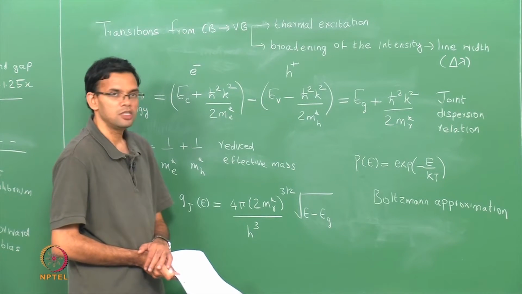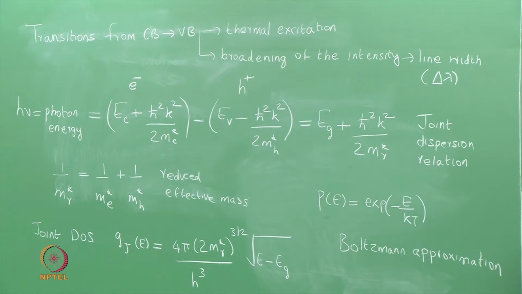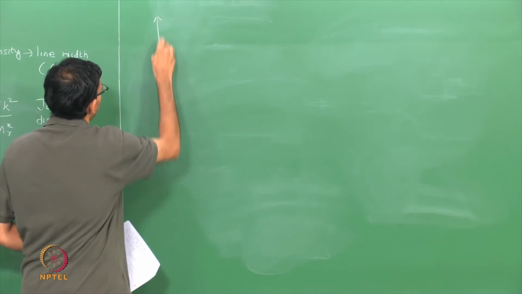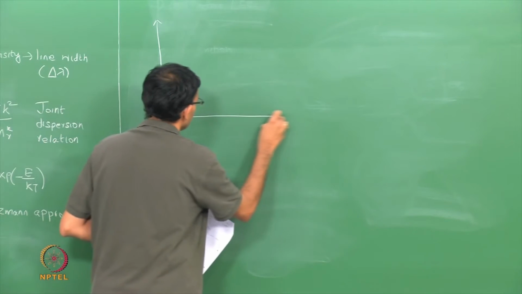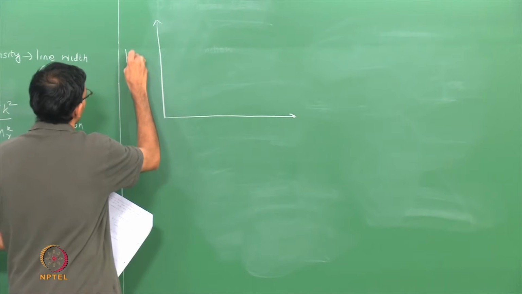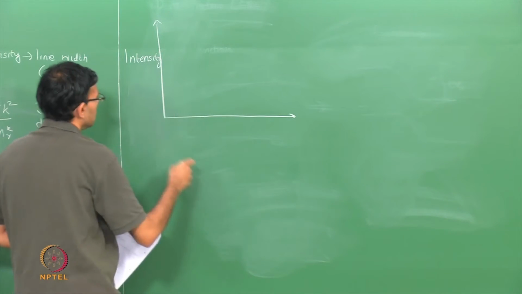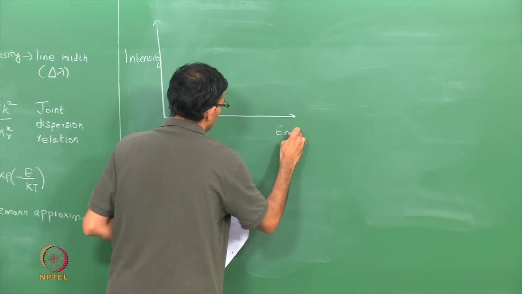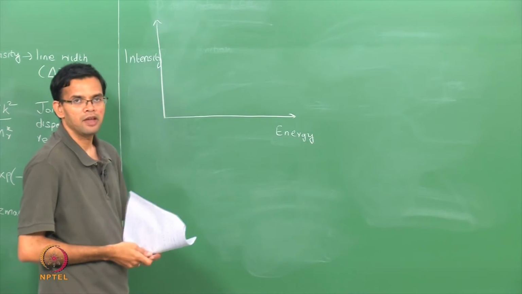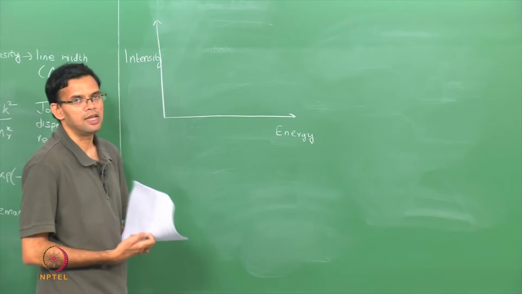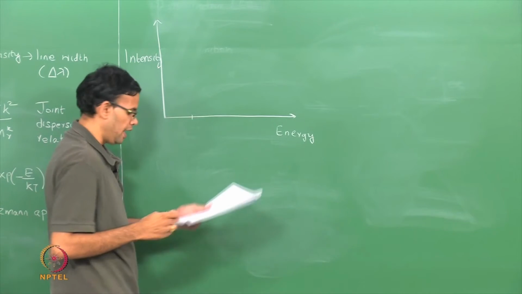So, we can show this in a graphical fashion. Let me plot the intensity versus the energy. On the y axis I have intensity, x axis I have energy. Now, we will not have any light whose energy is less than Eg, because you cannot have any states in the gap.